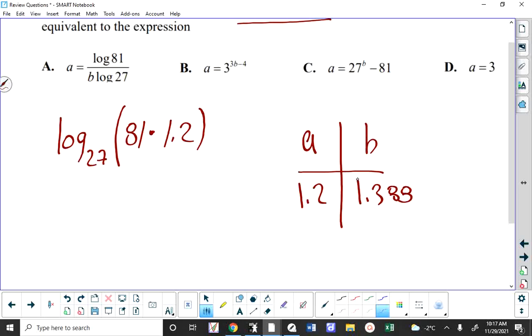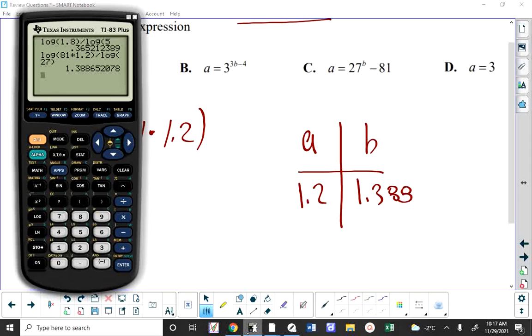All of these other ones are a in terms of b. Well, we just calculated b, so if I put b in choice A and I get 1.2 for parameter a, then choice A is right. Now, because this is a whole bunch of decimals, you might be wise to store this in your calculator someplace.